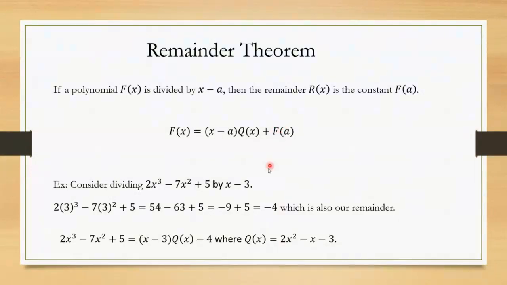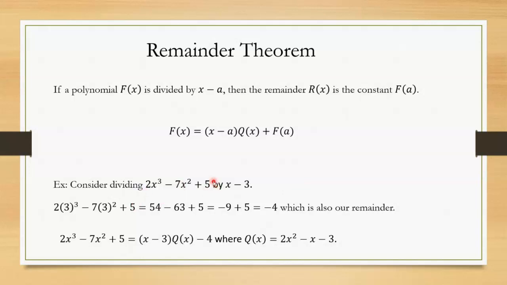As another example, let's suppose we wanted to divide this here by x minus 3. We could actually get our remainder immediately. We did this already. I think it was the first example we did, and we got the remainder to be negative 4.